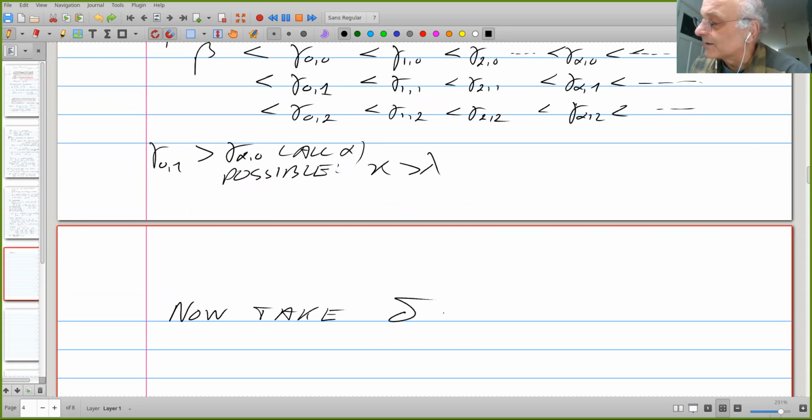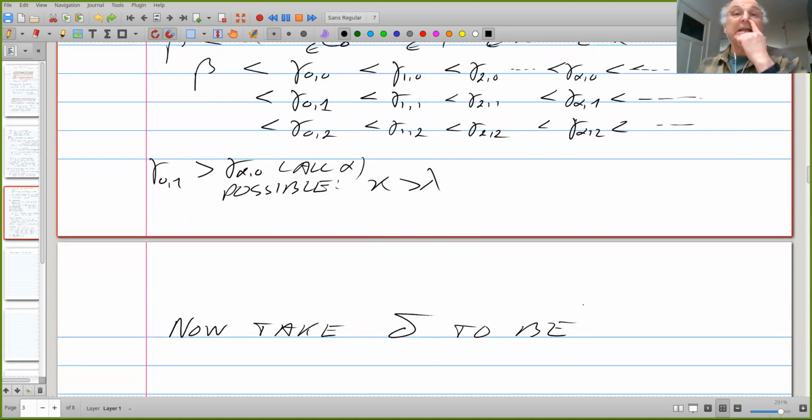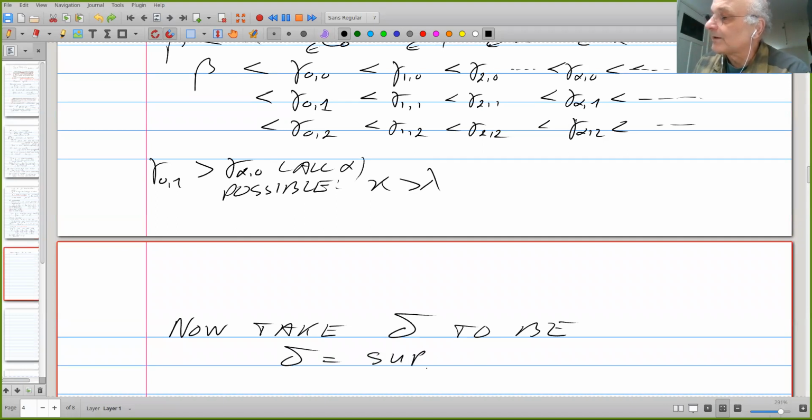Delta to be what? Well, we have very many gammas, but we can say delta is the supremum of gamma 0 n.